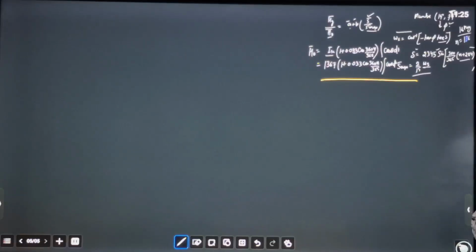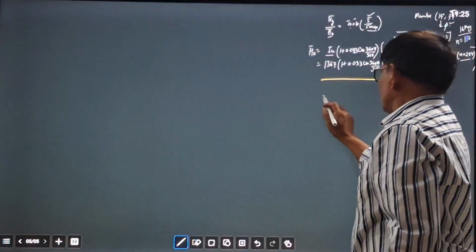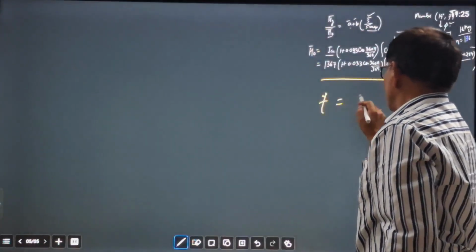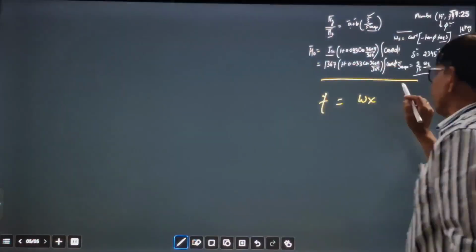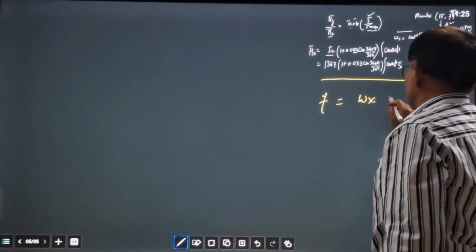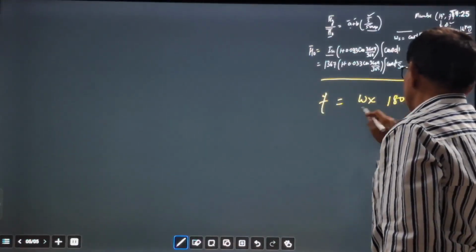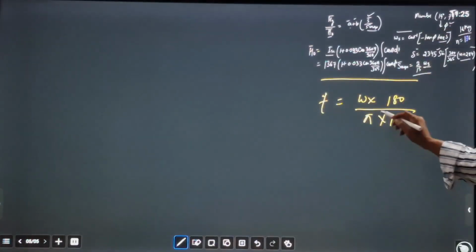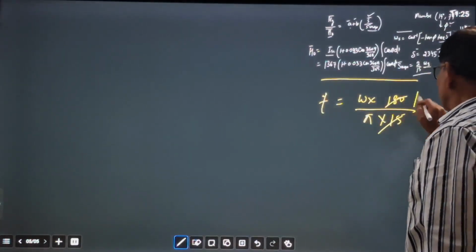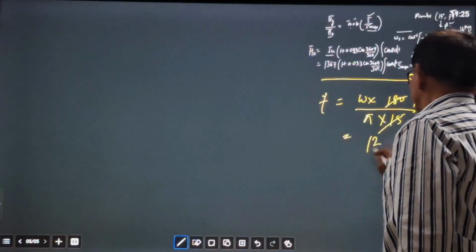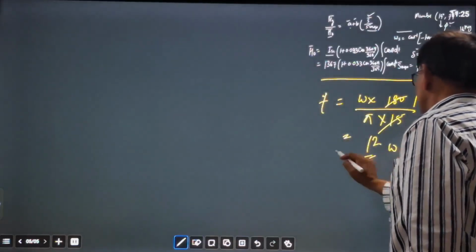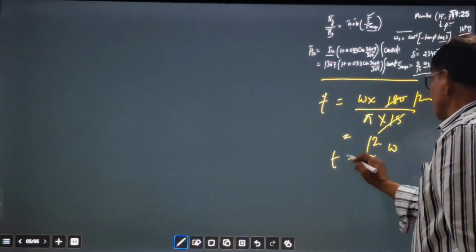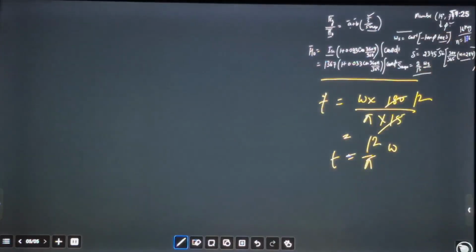If it is not given in radians, you have to convert it. Now dividing by 12, t equal to 12 by pi times omega, provided that omega is given in radians.